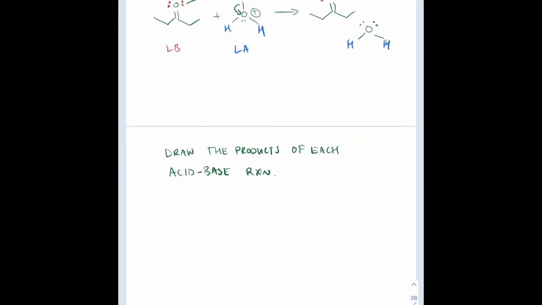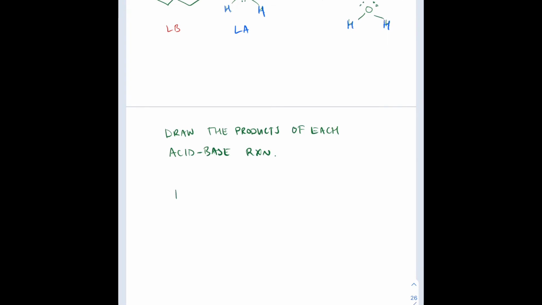So, draw the products of each acid-base reaction. So here we've got a benzene ring with an OCH3 on it, and that's fused with another ring with this guy hanging off. Okay, so basically we've got a carboxylic acid.